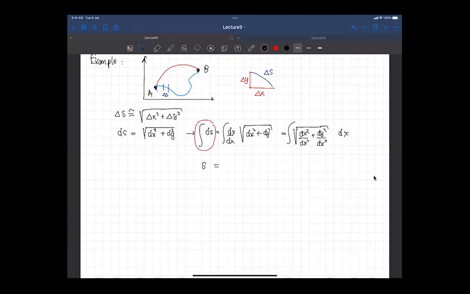And the integration of the other side is the integral of the square root of 1 plus y prime squared, multiplied by dx.